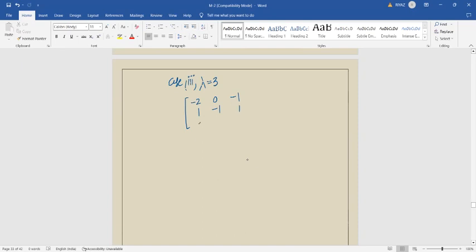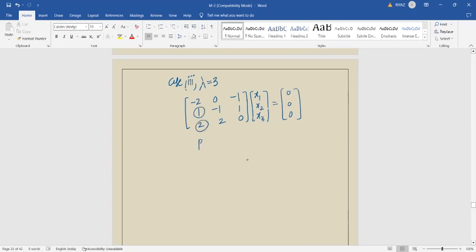This is 2, this is 2, this is 0, into x1, x2, x3, which equals 0, 0, 0. And the same thing, you have to convert into the echelon form. That means we make this element 0, similarly this element 0.